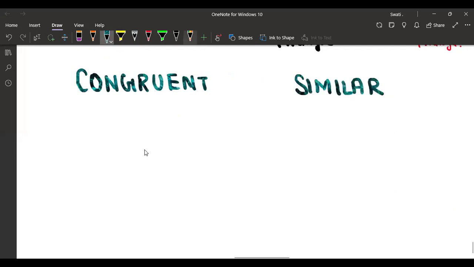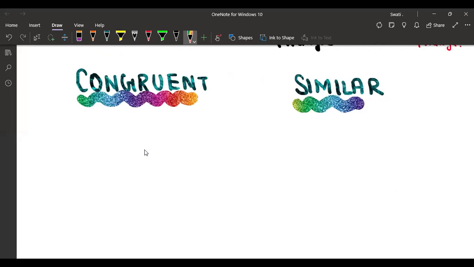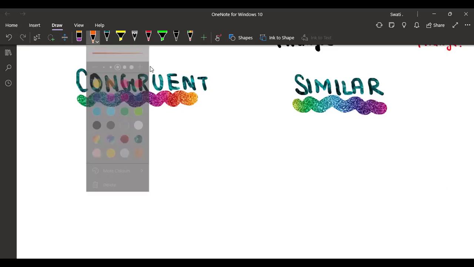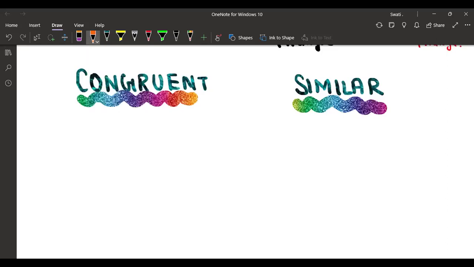Any idea what is the meaning of congruent and what is the meaning of similar? Corresponding sides are equal. That is okay, very good. That is correct. That means you are directly giving me the definition that you know.